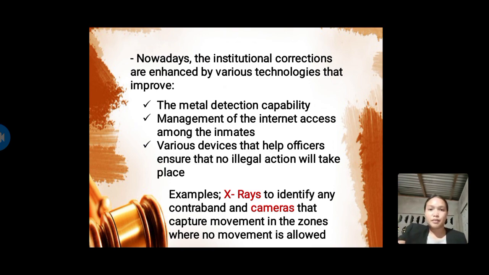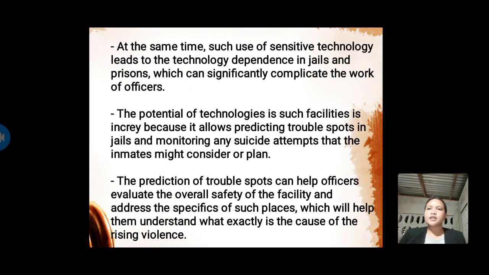So it is very important. At the same time, such use of sensitive technology leads to technology dependence in jails and prisons, which can significantly complicate the work of officers. So there are pros and also cons to having this kind of technology nowadays.